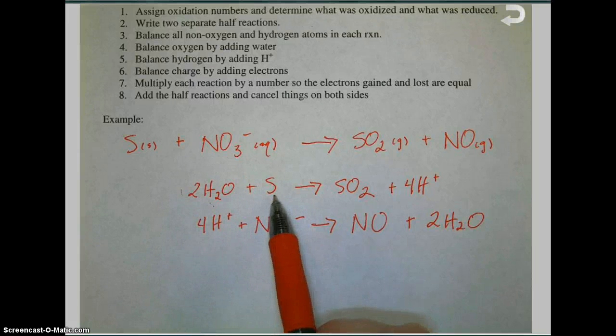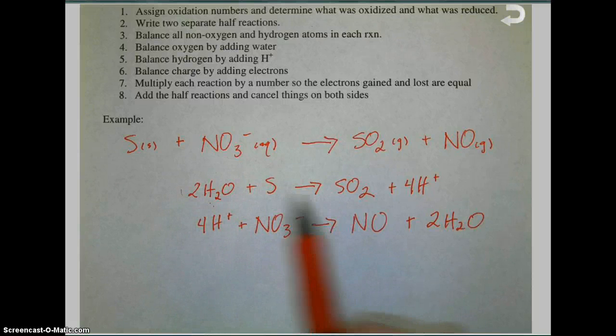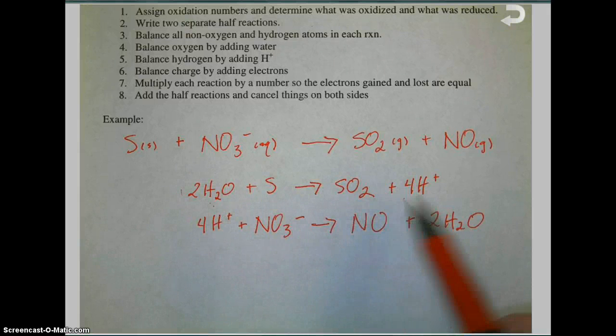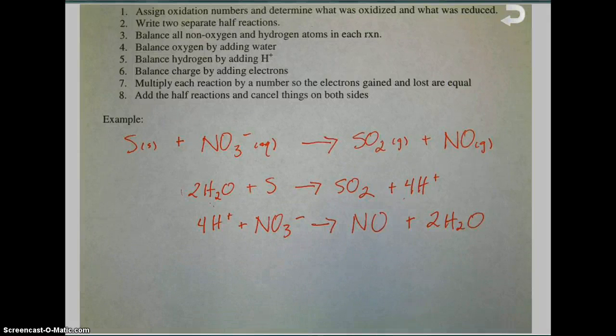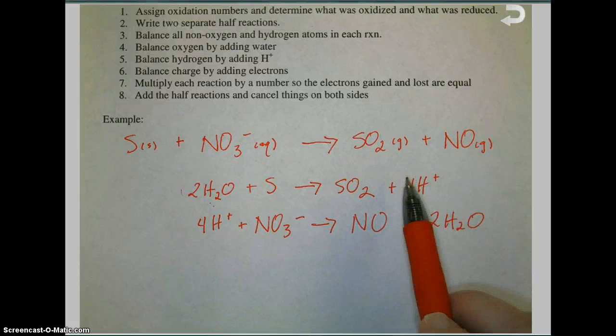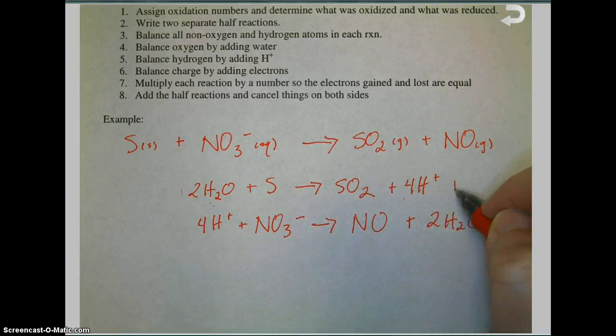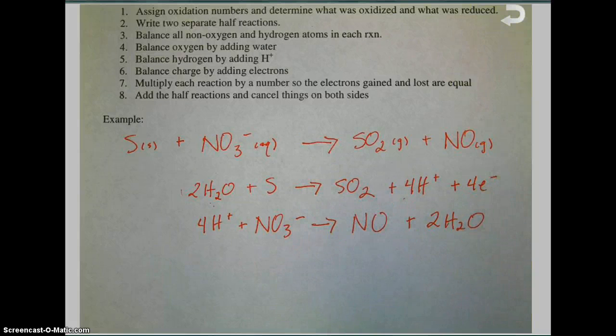So that means we're going to have to make this side have the same charge as over here. And to do that, we can only add electrons. We can only add negatives. So on the right side, we have a charge of +4. So to make it the same as the other side, we would add 4 electrons. So now both sides are equal to 0.